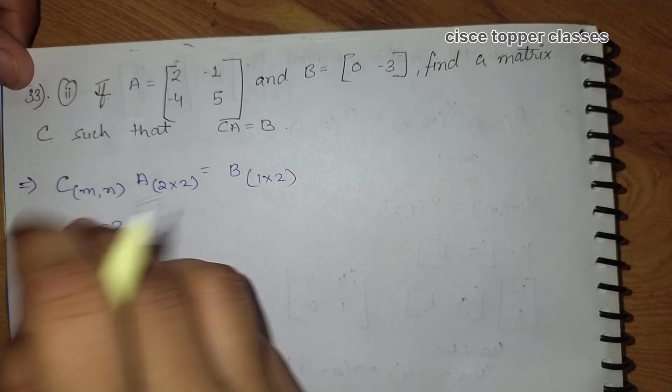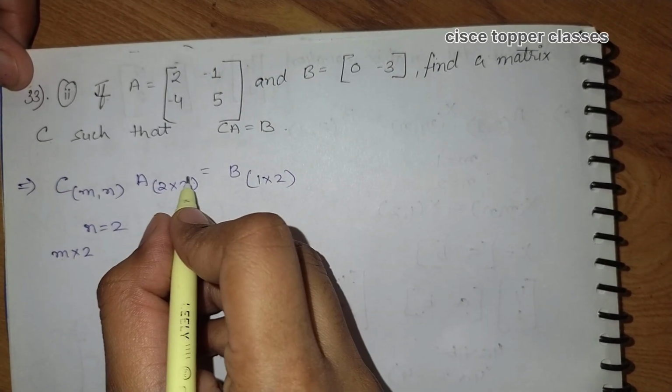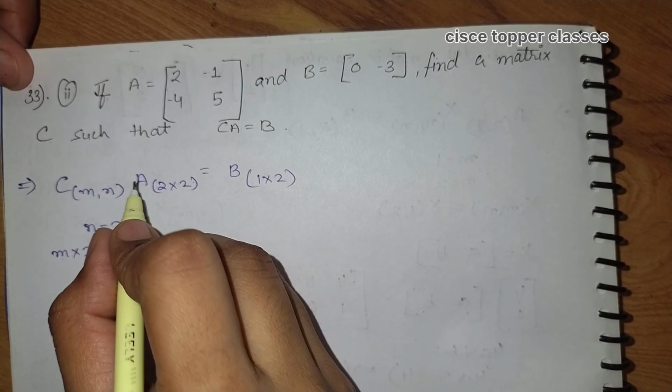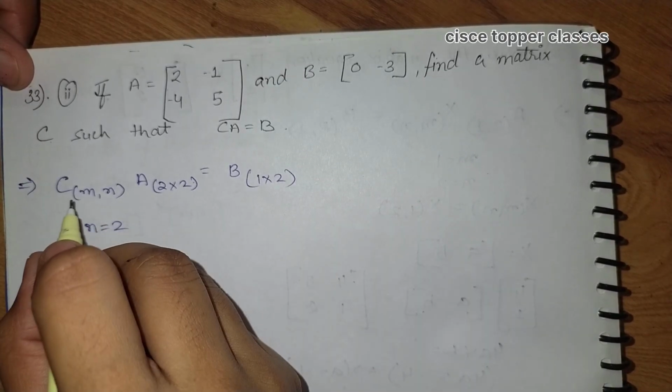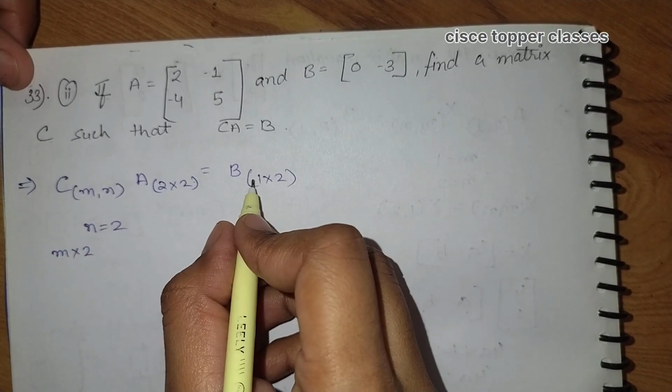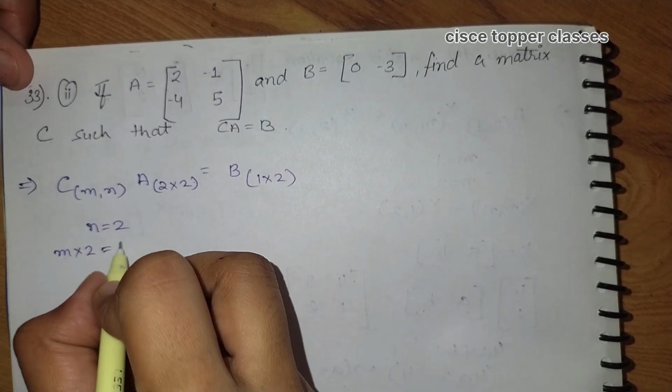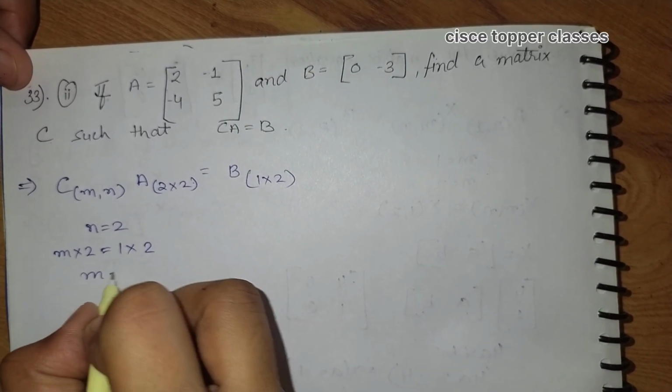The number of columns of A and the order m cross 2 will equal 1 comma 2. So simply m is equal to 1.